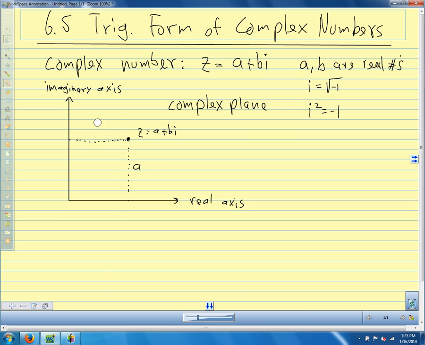Sorry, did it backwards. This is b, and this is a. We're going over a units, and we're going up b units. So we can think of this complex number, a plus bi, as this point in the complex plane. I go over a on the real axis, I go up b on the imaginary axis.